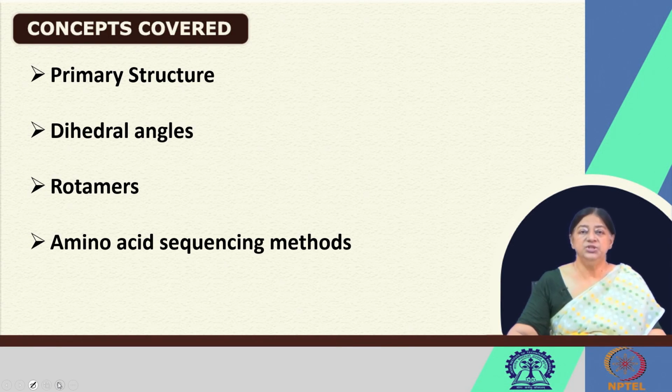But in addition to this, the other single bonds that are present allow a possibility of rotation, and because of this rotation there are various factors that play an important role in protein architecture.